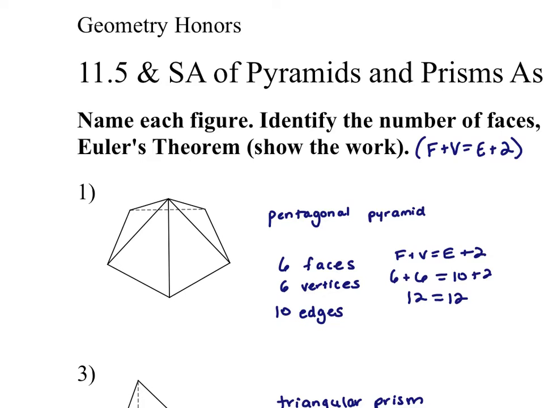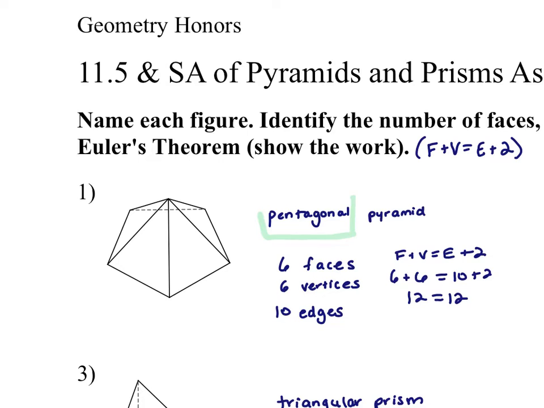So the shape on the bottom here is a pentagon. So again, the shape for your base tells you the type of pyramid it is. So this is a pentagonal pyramid. It has 6 faces, 6 vertices, and 10 edges. So it has 5 lateral faces, which are triangles, and then the 1 pentagon base.